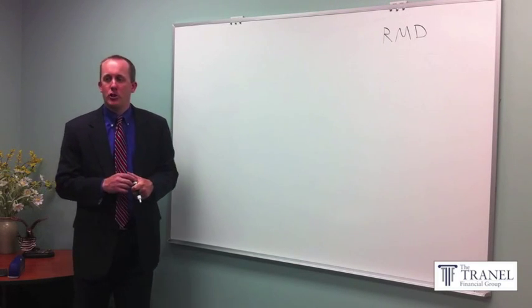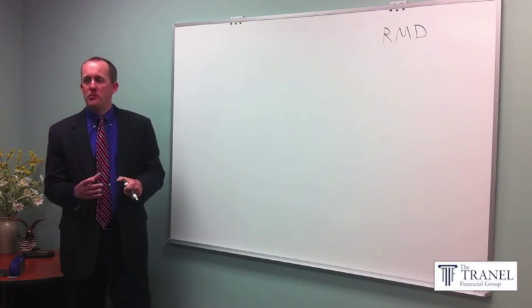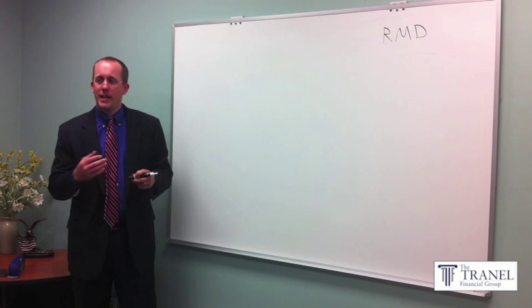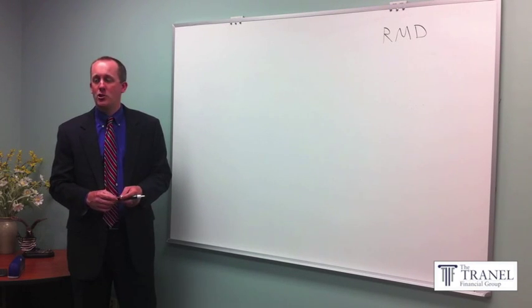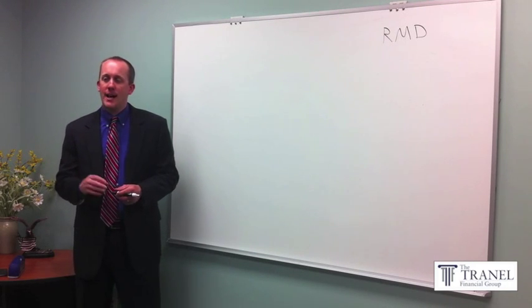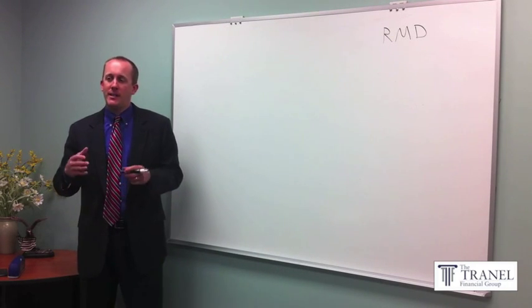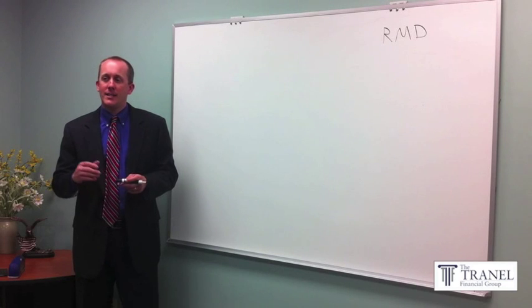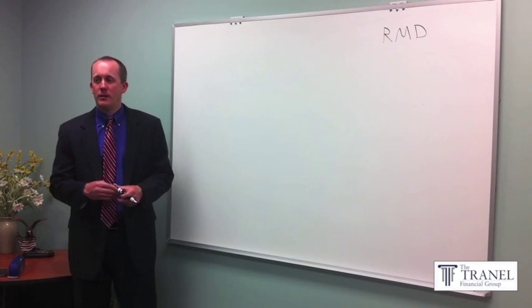Required minimum distributions can be a huge leverage point when it comes to selling people on your financial planning services. Required minimum distributions, if not planned for and invested for accordingly, can significantly erode an IRA over time.